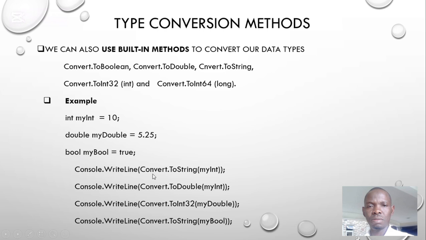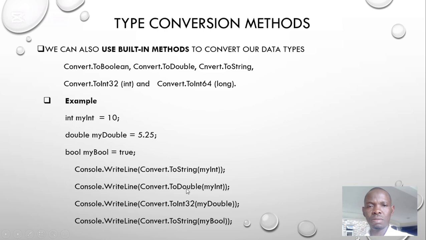Now we use the conversion method Convert.ToString to convert this variable value to string format. So the result will be 10 inside double quotes, to make it a string.